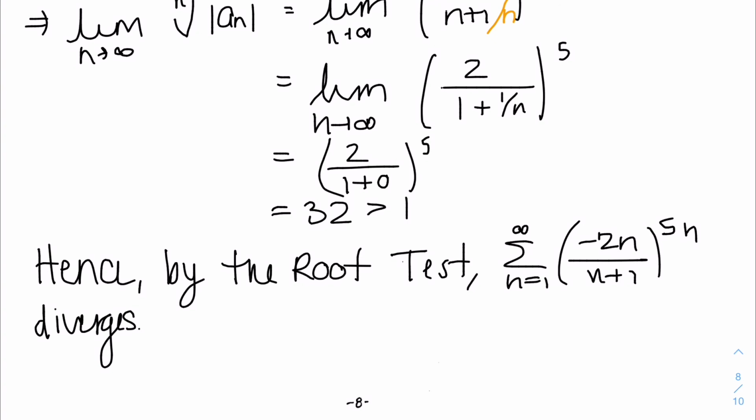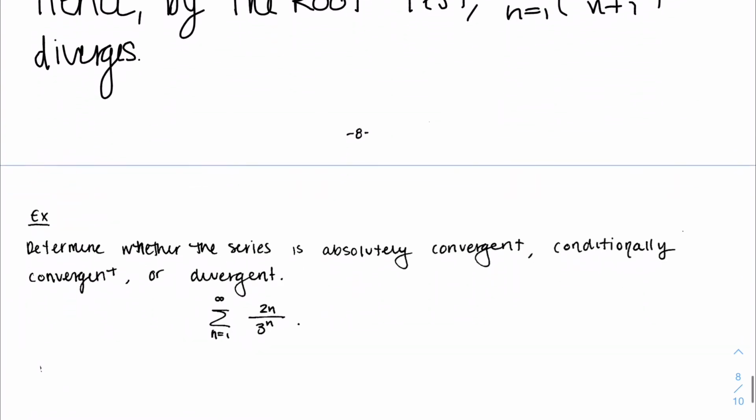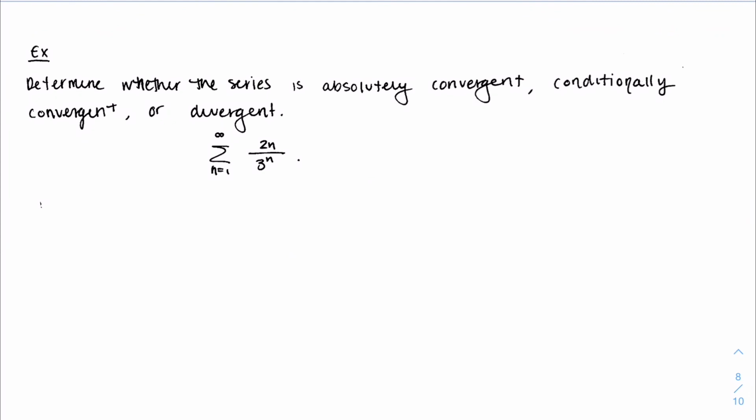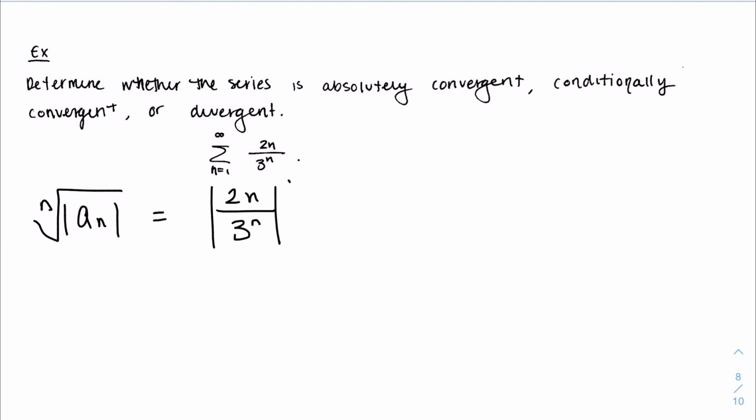Okay. Let's do one more. Let's determine whether this series is absolutely convergent, conditionally convergent, whatever you want. So you could apply the ratio test. I'm going to show you one more example using the root. Let's go ahead and take the nth root of an. And this is going to be where that special limit comes into play. So this becomes 2n over 3 to the n to the 1 over n power.